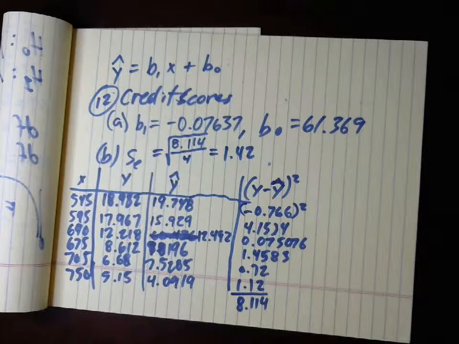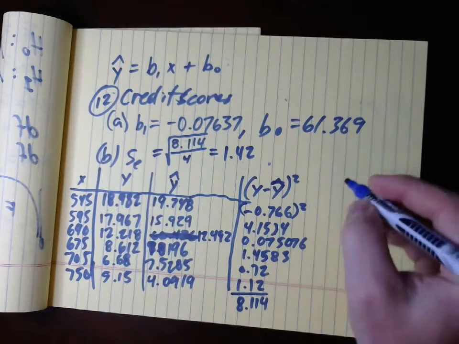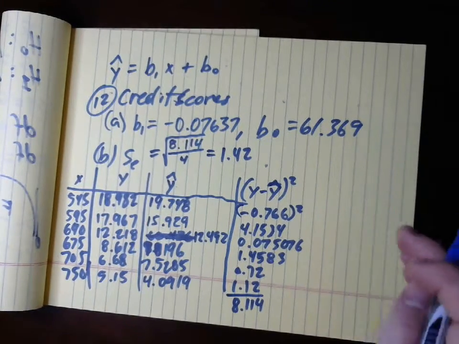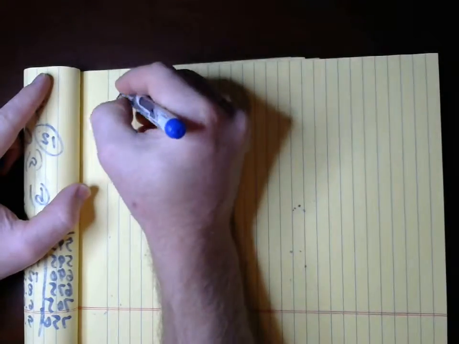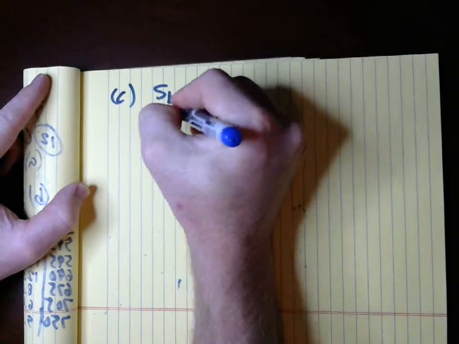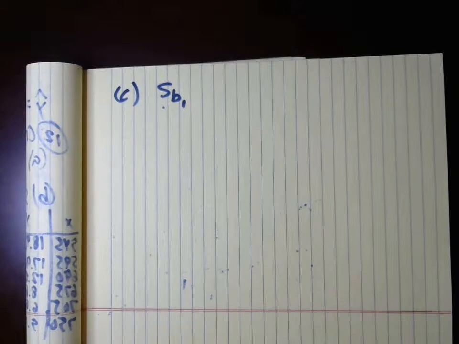So now our next step, that's part B. Part C, I'm actually going to do on the next page. Part C is solve for S sub B1. So that's the standard error of our B1.